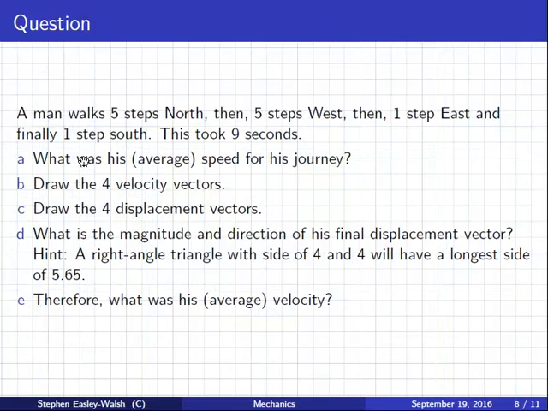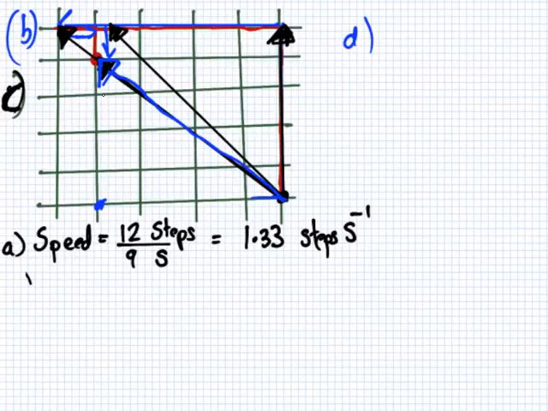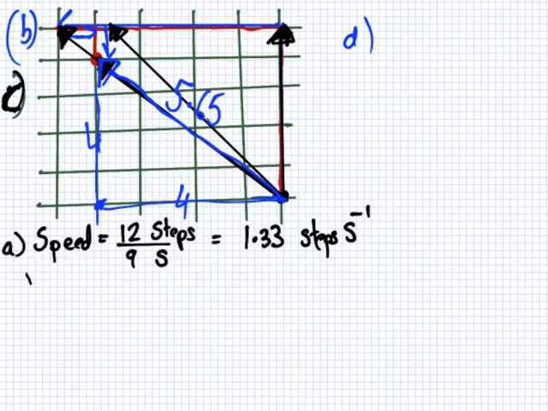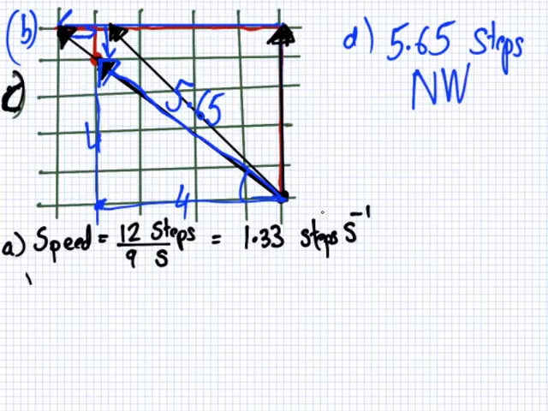If you have a triangle with side 4 and side 4, the longest side is 5.65. So the answer is 5.65 steps. And what is the direction? Where is this pointing? Northwest. So the answer is northwest, 5.65 steps.